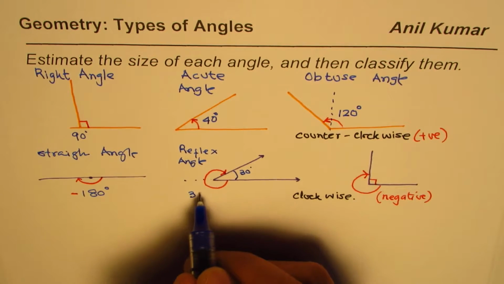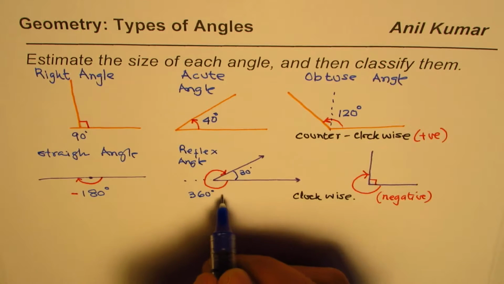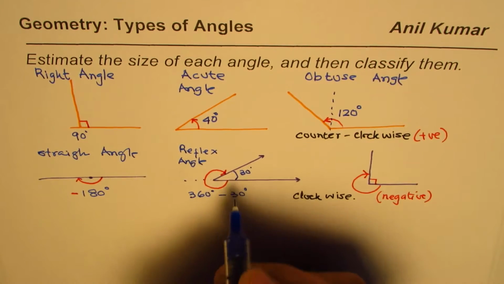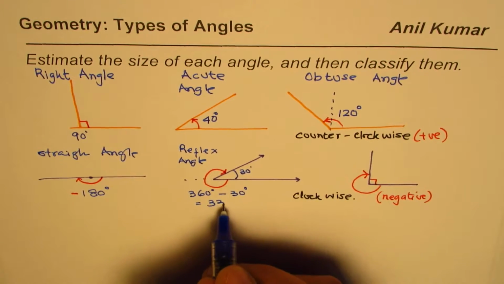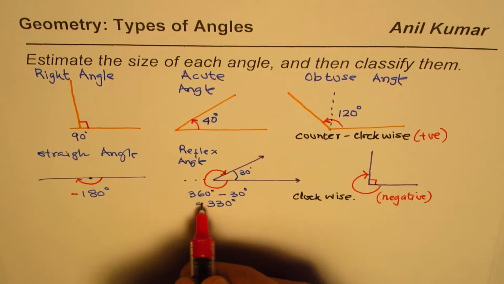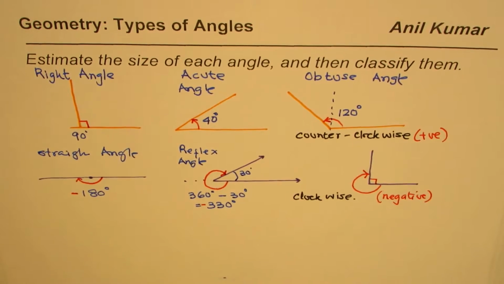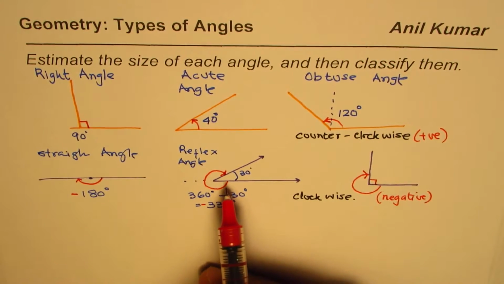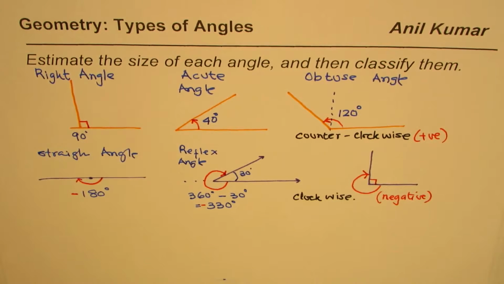So we could say it is 360 degrees, full circle, minus 30 degrees. So my estimate is 330 degrees. Right. Now, if you are in high school, sometimes you may be required to write a negative sign just to show that this is the clockwise direction in which we are measuring. Correct? Okay.